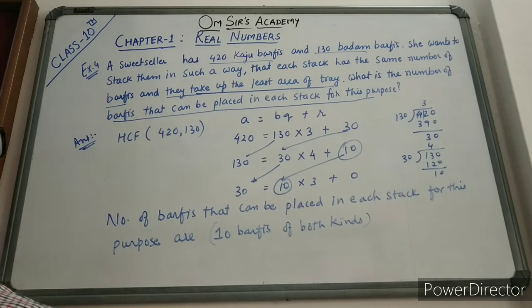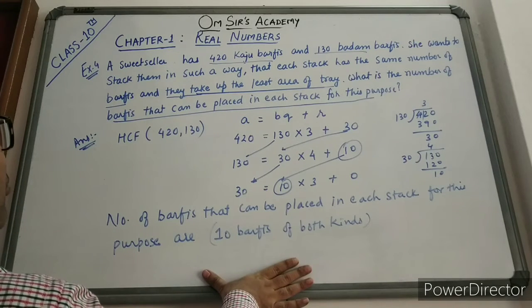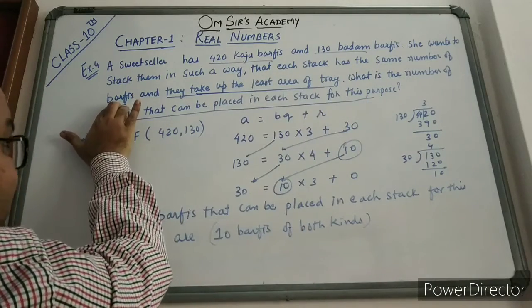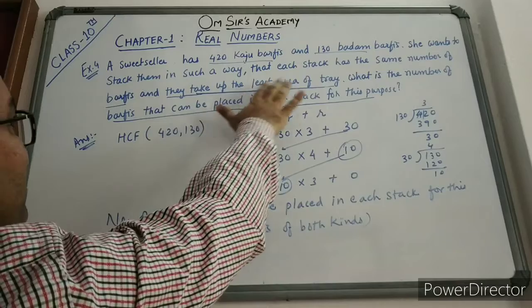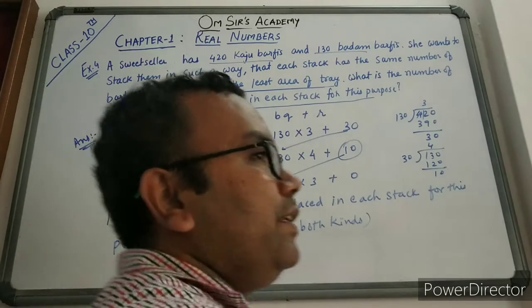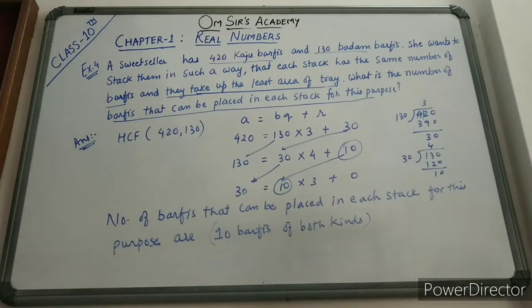Is it clear friends? If we do this, each stack will have the same number of Burfis and they will take up the least area of the tray. That means they will occupy the least space of the tray. So hope this is clear friends.